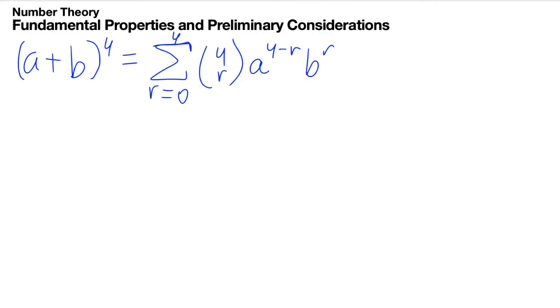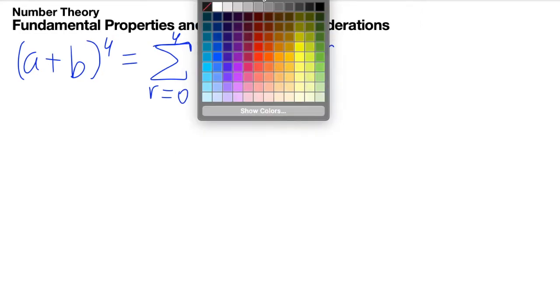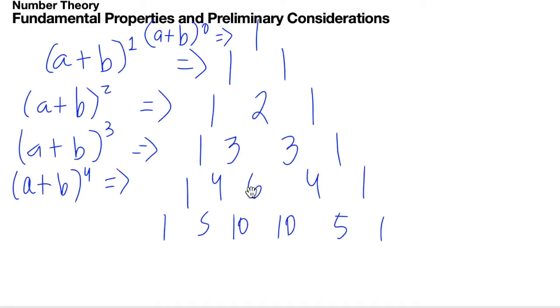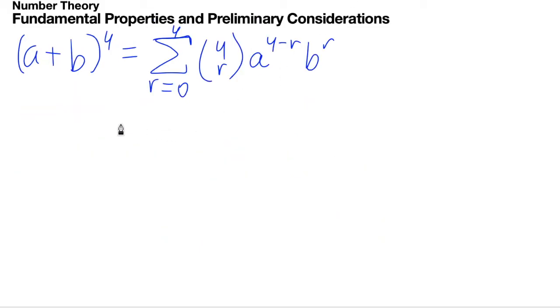Okay, so I think it's much better if I explain it by solving. Looking at the Pascal's triangle, we can see that for the 4, it's 1, 4, 6, 4, 1. Let's remember that 1, 4, 6, 4, 1. So we know that all the coefficients are 1, 4, 6, 4, 1.